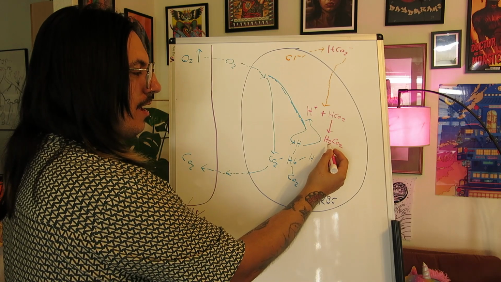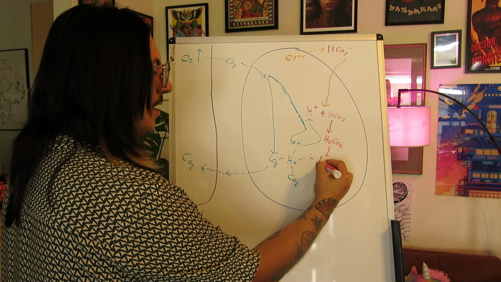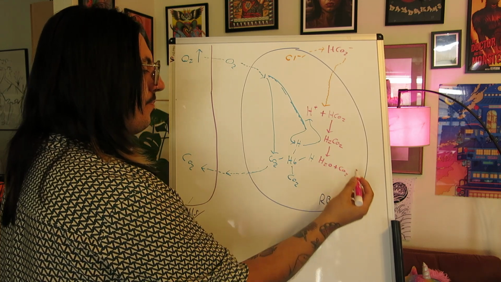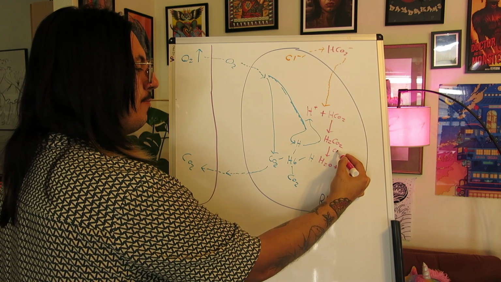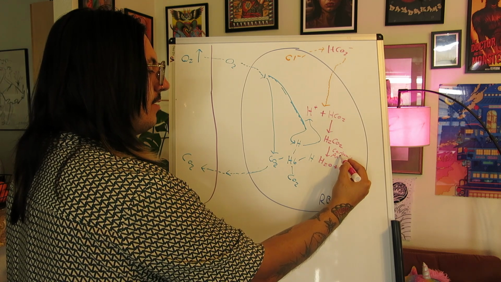And carbonic acid is going to change into H2O and CO2, sped up by carbonic anhydrase.